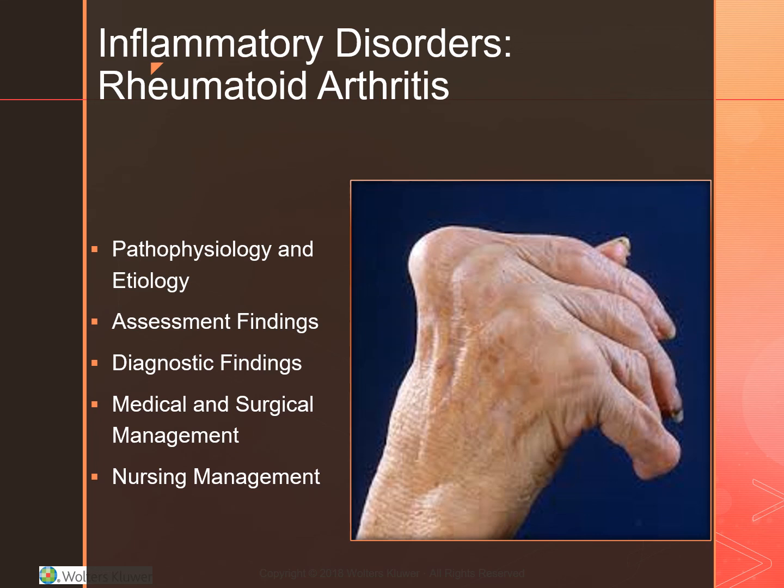NSAIDs would be another medication we might use with these clients. We want to avoid giving it if the client has a vitamin K deficiency, peptic ulcer disease, or pregnancy. Adverse effects include heartburn, GI bleeding, renal failure, increased risk of heart attack or stroke.